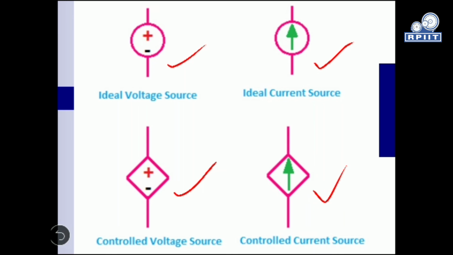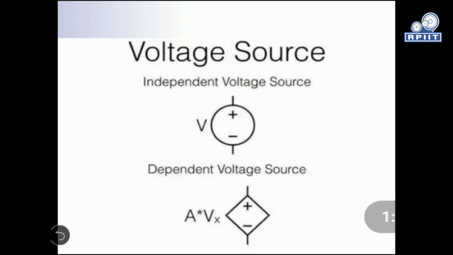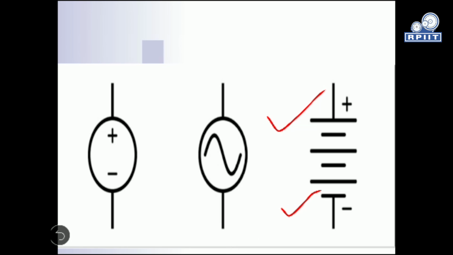So this is known as the dependent voltage source, and this is known as the dependent current source. The independent voltage source will be like this one, and the dependent voltage source like this one. So the diamond shape represents the dependent source, and the round shape represents the independent source. The same thing we represent over here.